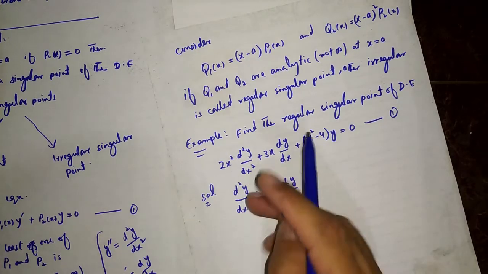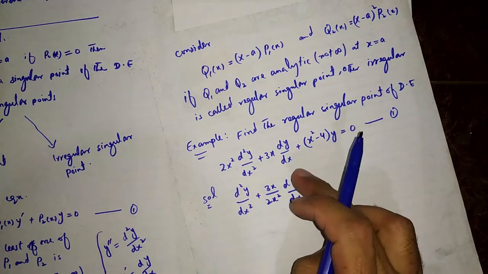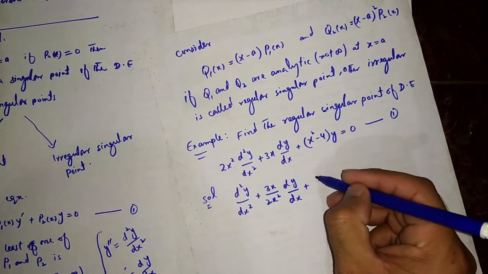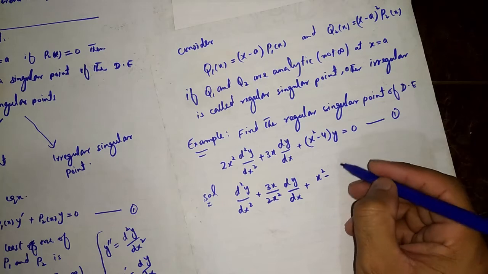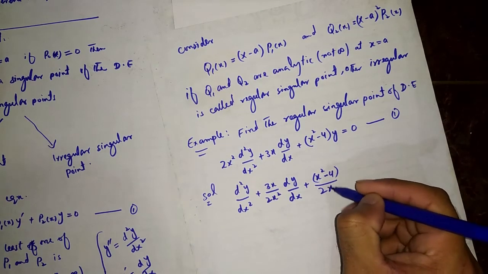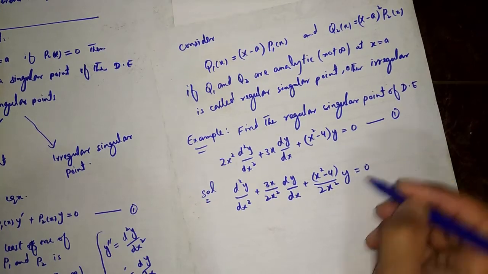Here 2x square will be cancelled with 2x square, and here this is 3x divided by 2x square plus x square minus 4 divided by 2x square y, which is equal to 0.